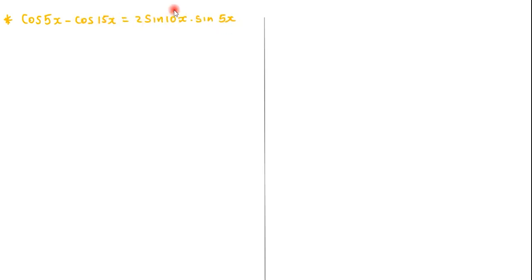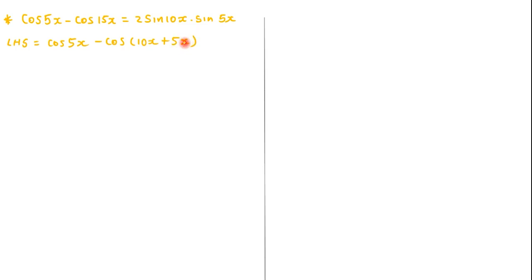Now not only that, this 15x must be able to be manipulated into an angle that will be 10 and also 5, right? So this then means that when we're taking our left hand side, we're going to have our cos 5x, but then now here we're gonna change that 15 into what? Into 10x plus 5x, right?